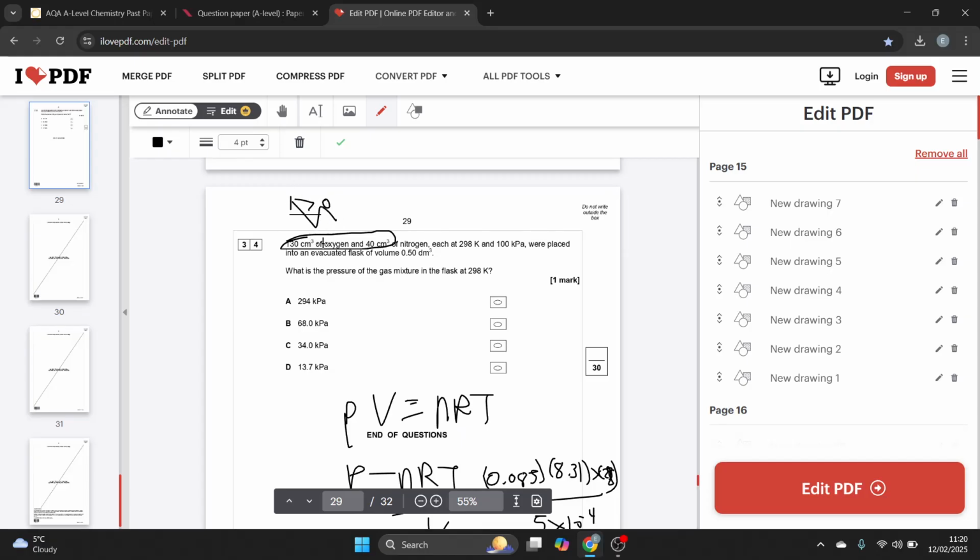Actually, no, I can't just directly work out the number of moles. That's the problem. Because it was placed into an evacuated flask of volume this. Yeah, but I don't care about that. I want the pressure of the gas mixture, so the volume of the gases. Alright, so now I use n equals PV over RT. That's what I need to use.